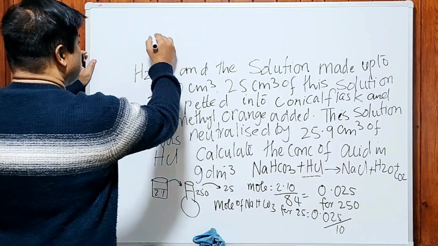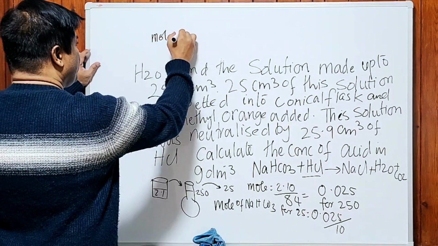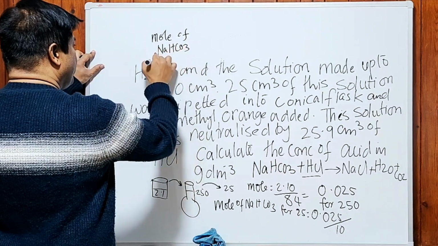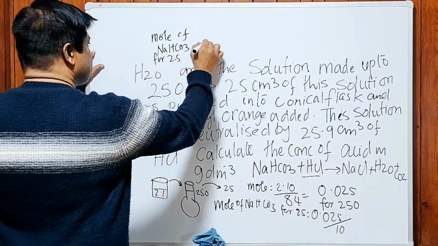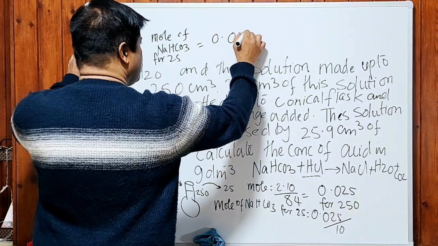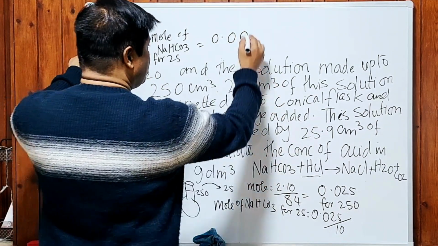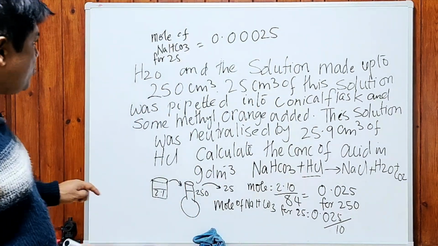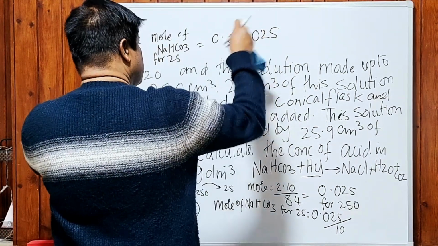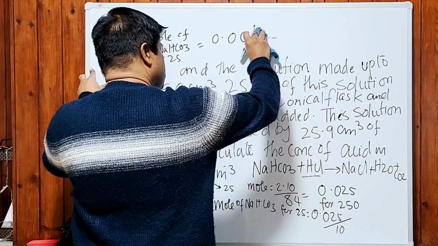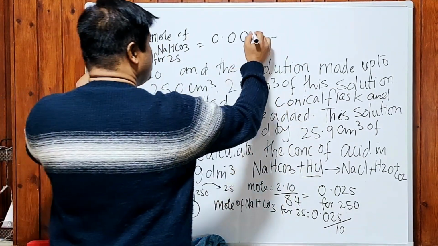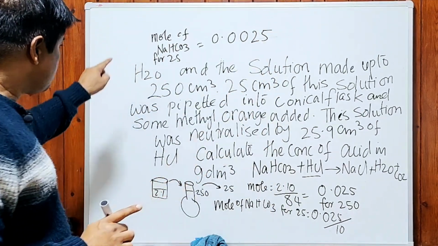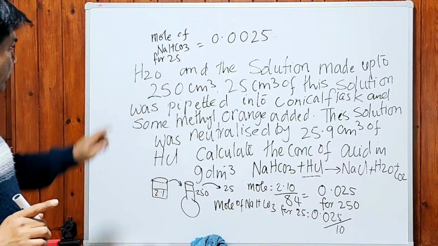Moles of NaHCO3 for 25 equals 0.0025. Okay, that's the mole of sodium hydrogen carbonate for 25.